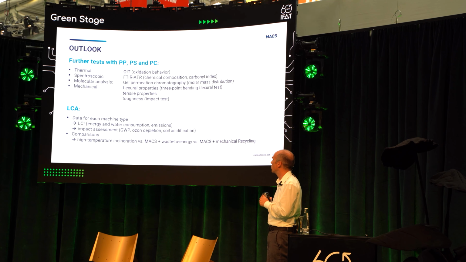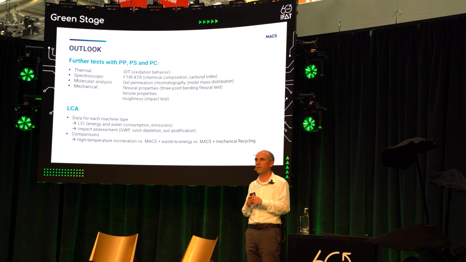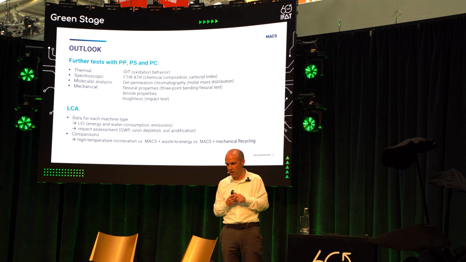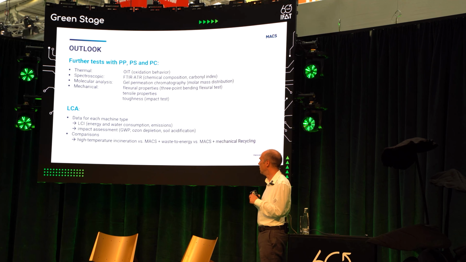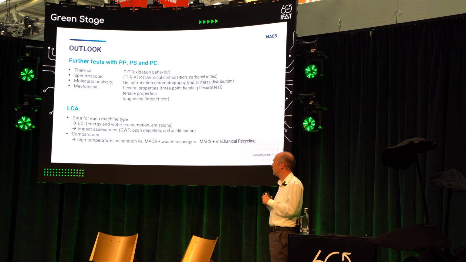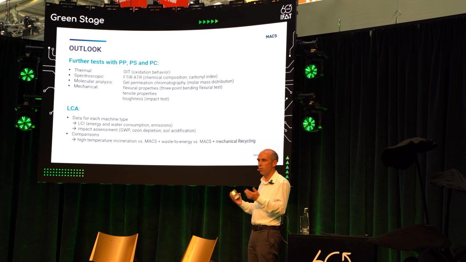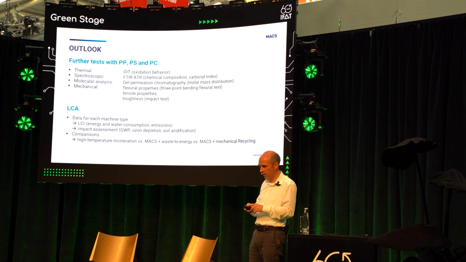We would like to prefer the mechanical recycling because this is the most easy way and the way that has the lowest environmental impact. So we want to see what happens there. We want to compare this and show you whether it's worth or not to think about this.